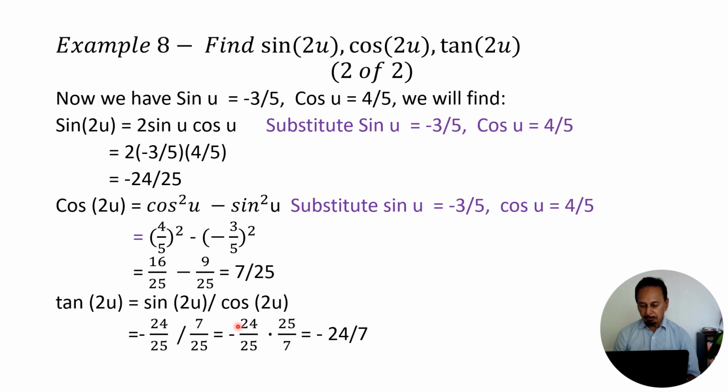So this becomes minus 24 over 25 times the reciprocal of 7 over 25, which is 25 over 7. The 25s cancel out, and you have negative 24 over 7.